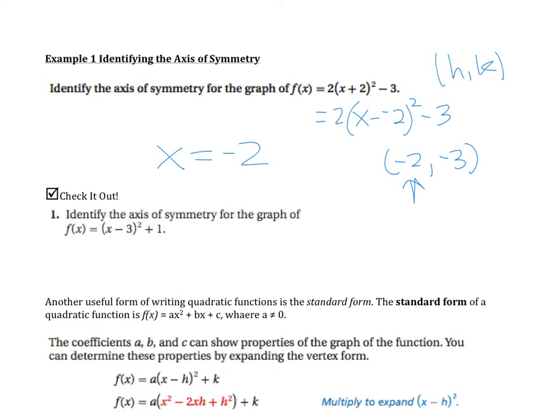You try the next one. Just identify the axis of symmetry.